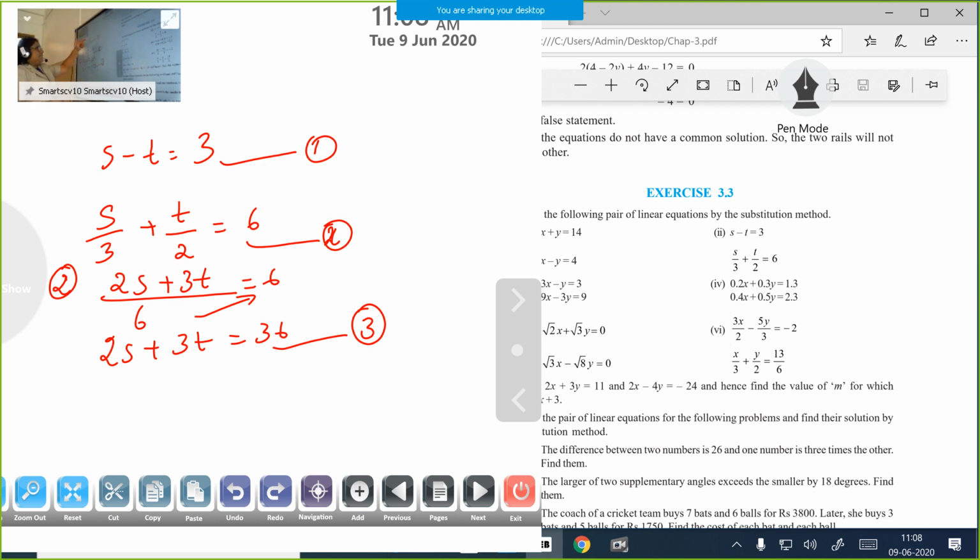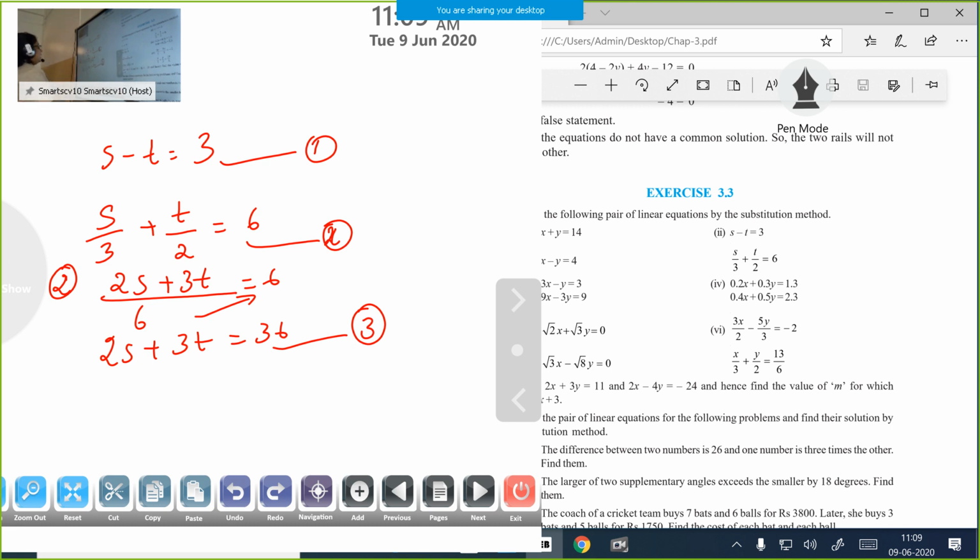First equation: s minus t is equal to 3. Second equation: s by 3 plus t by 2 is equal to 6. For convenience, rearrange the second equation. The LCM of 3 and 2 is 6, that is 2s plus 3t is equal to 36.